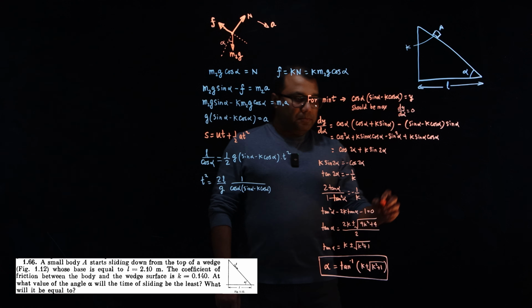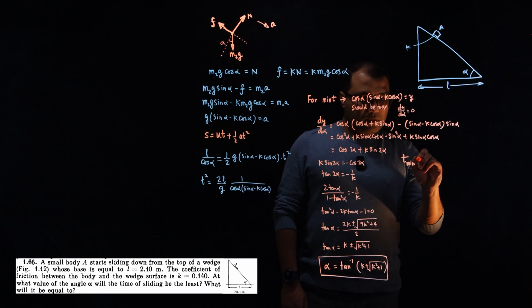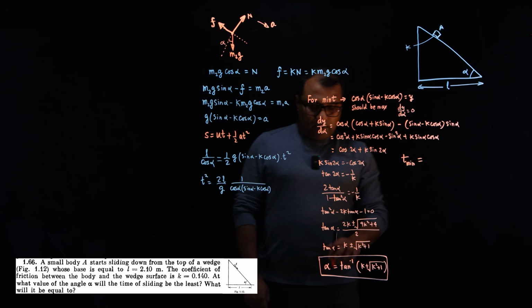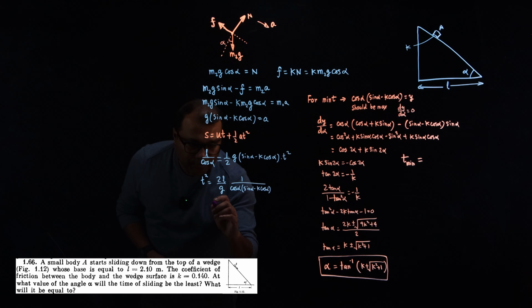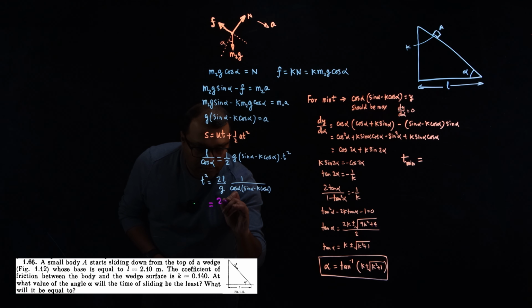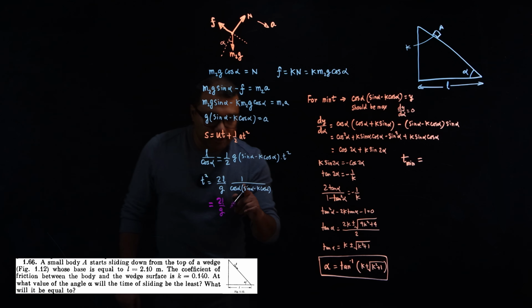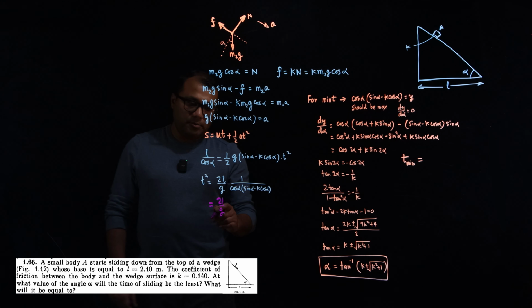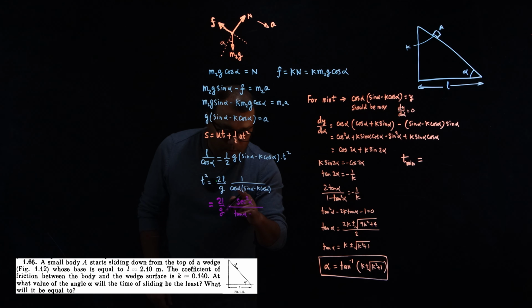Now what is the minimum time? T min. We need to substitute the value of alpha here. Let's do a bit of simplification here. So this can be 2L by g. If I divide numerator and denominator by cos square alpha, this numerator becomes sec square alpha, and this will become tan alpha minus k.